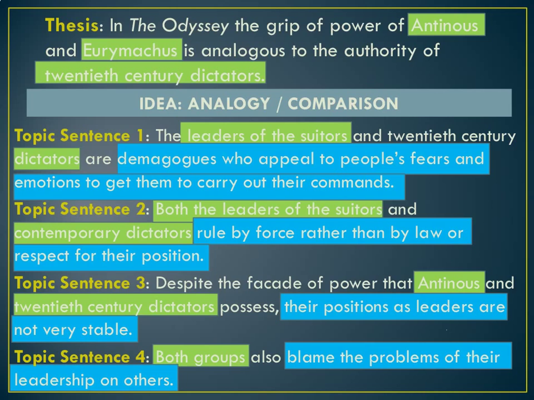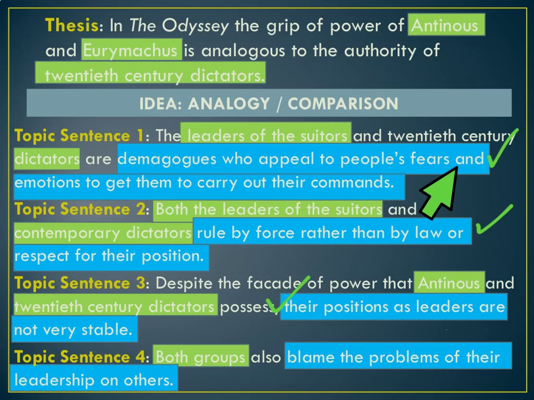that these are all the specific similarities that the writer is going to focus on between Antinous and Eurymachus, the two suitors. So the first similarity that you see here that they name is that they're both demagogues, etc. The second similarity is that they both rule by force. The third similarity is that their positions are not stable.